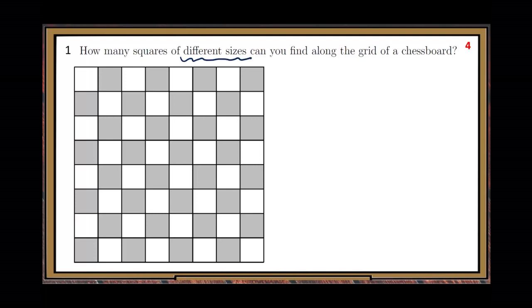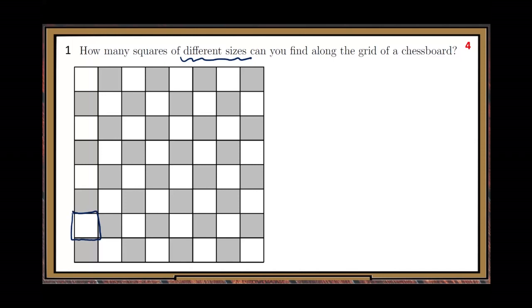When you try to get the squares, you may have different sizes. The easiest size of square you can see is the unit square, one by one.